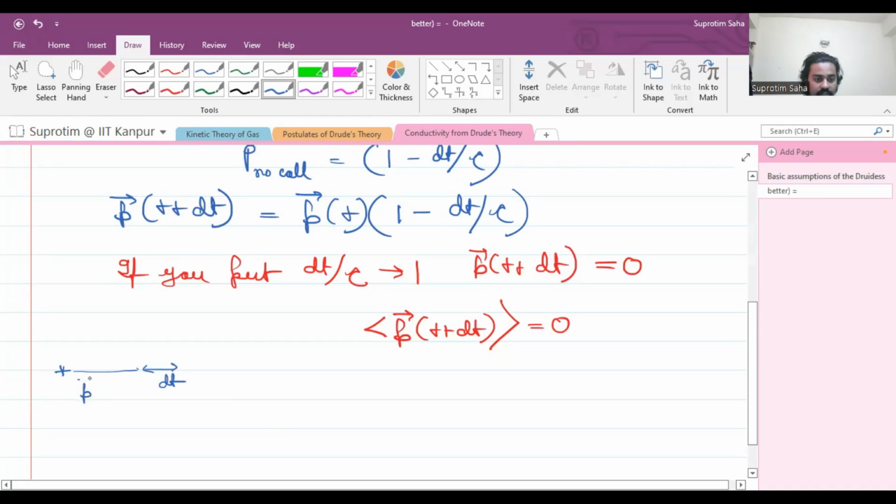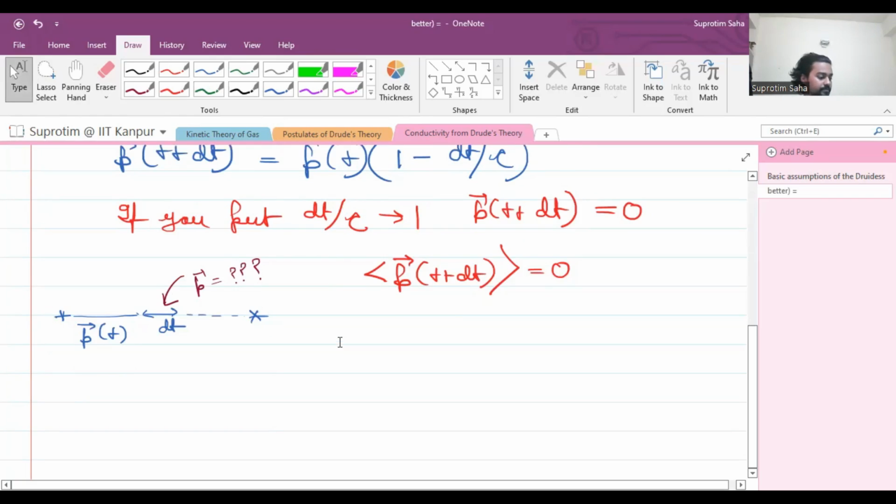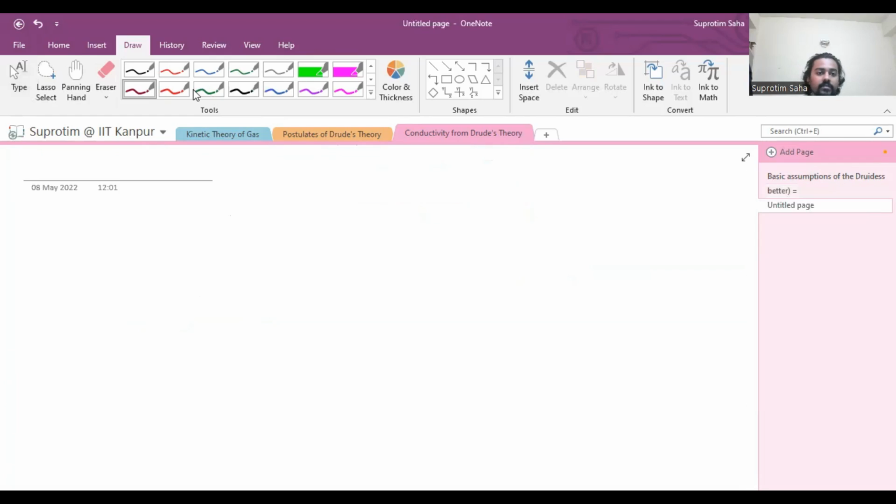This is P of t, and it is on its way to undergo another collision. So in this time interval dt, you want to look at what the momentum is. Now let's go back to our second assumption.